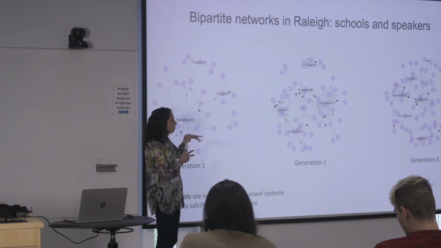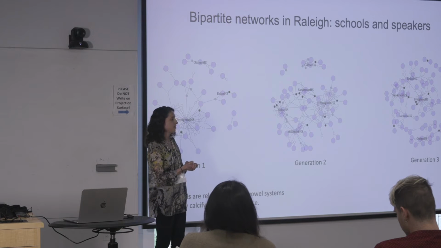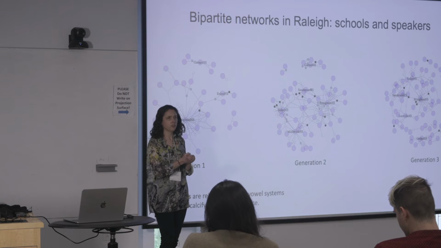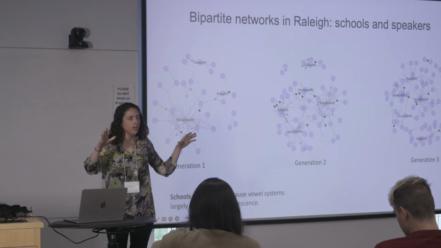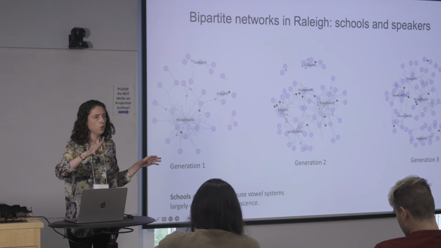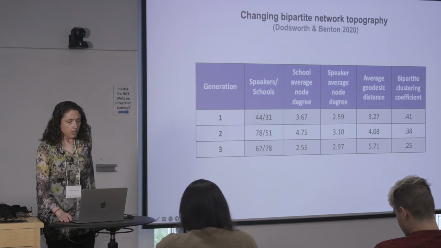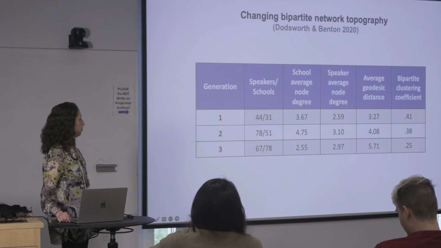And then the youngest folks in generation 3, they were born 1966 and onward, and by that time, you had lots and lots more schools. You had this well-developed North Raleigh situation, and you had this magnet program encouraging people to leave their neighborhoods for school. All right. So you can see a few indicators of the changing network topography.